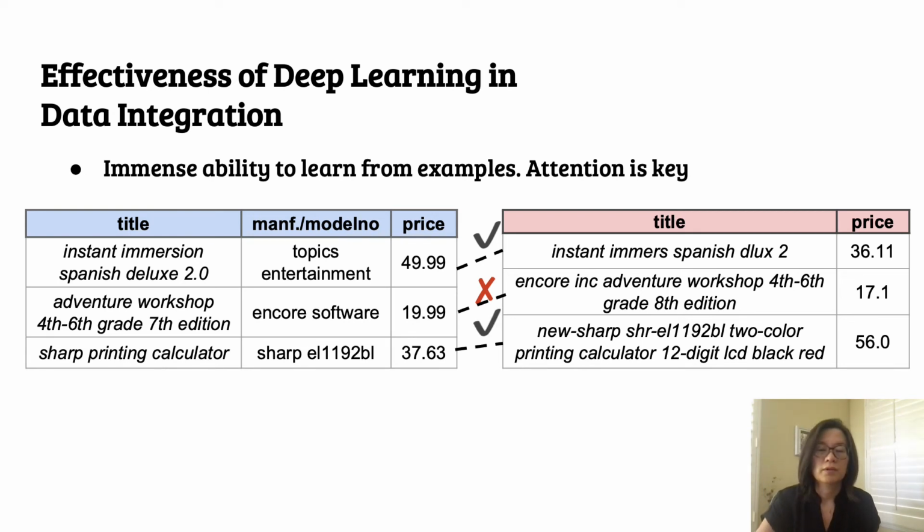And for the third pair of records, the model number is somehow important for determining the matching decision here. And if you think about it, this is exactly what a human worker will do if she's asked to make the decisions. She pays attention to different parts of the records for different pairs.